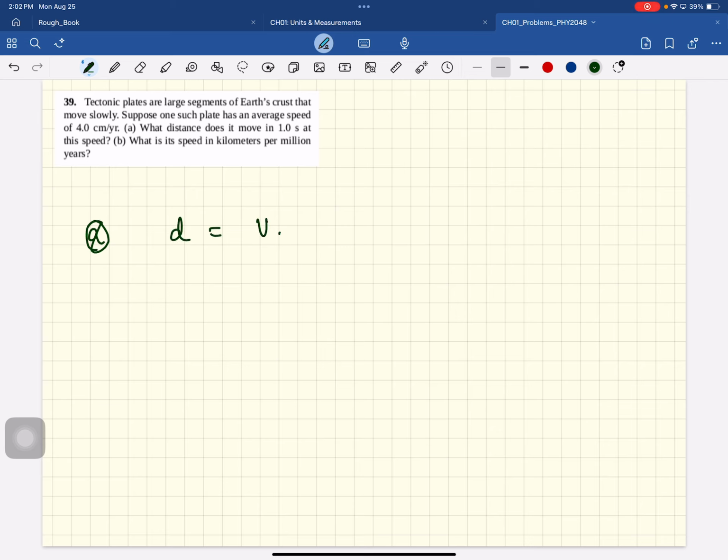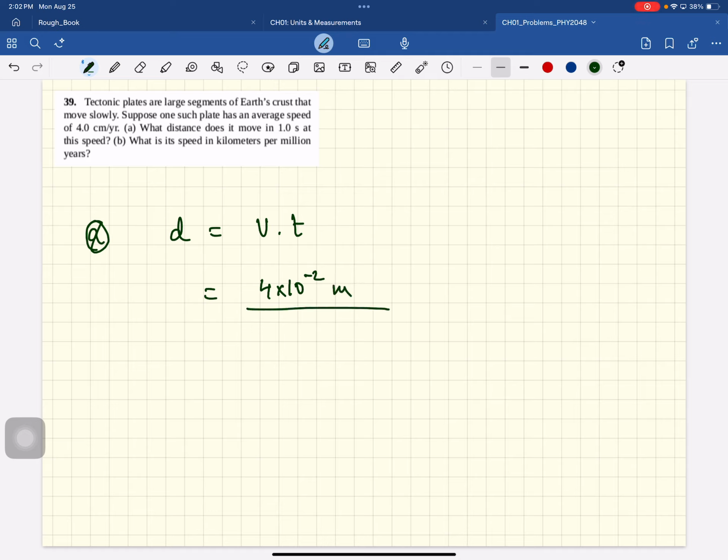Distance is speed times time. So this is 4 centimeters, and I'll convert everything to SI units. Centimeters, what does that prefix C stand for? 1/100, 10 to the minus 2 meters per year.